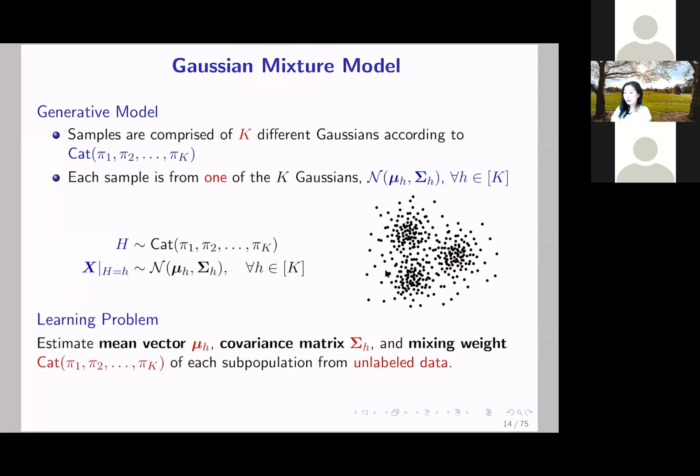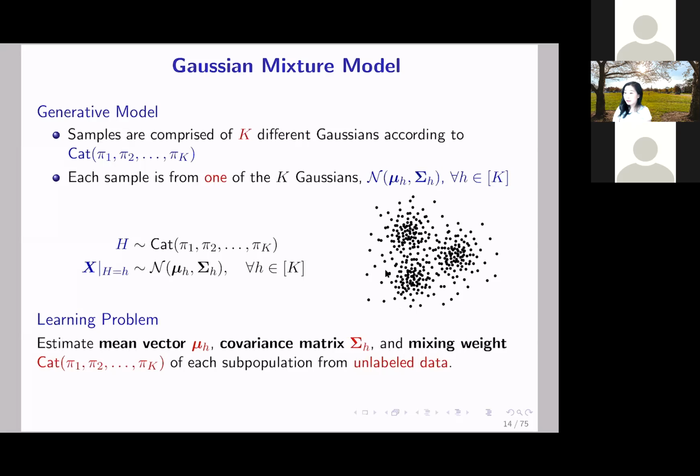We could think of K as a hyperparameter. I mean the number of subpopulations. So we could train a bunch of models with different K as the hyperparameter, and then do model selection from them.